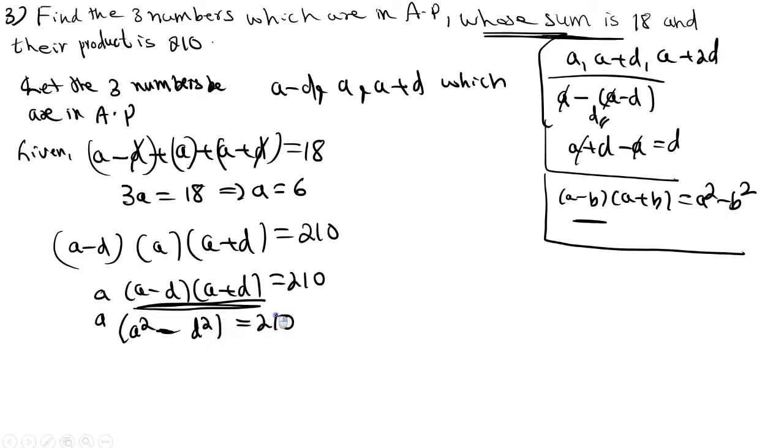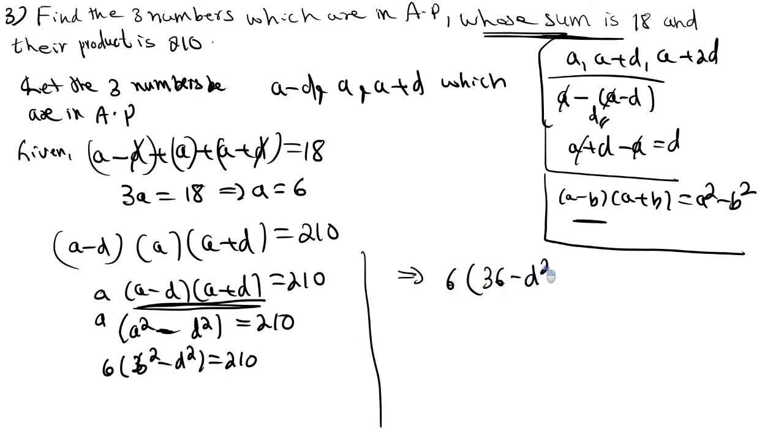Now substitute the a value, because we have a is equal to 6. So write a value 6 into (6 square minus d square) equal to 210. Again, this implies 6 into (36 minus d square) equal to 210.